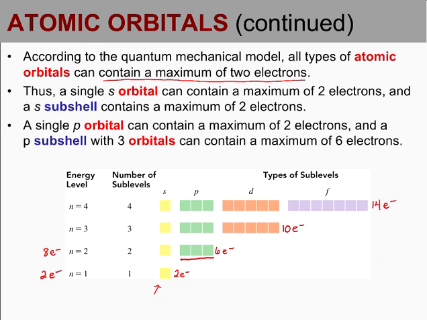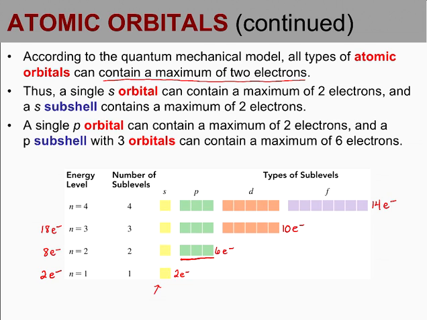And then in energy level 3, we have an s orbital, 3 p orbitals, and 5 d orbitals. So if we add those together, we have 2 electrons in an s orbital, a maximum of 6 electrons in the p orbitals, and then a maximum of 10 electrons in the d orbitals. So that would give us a maximum of 18 electrons in energy level 3.